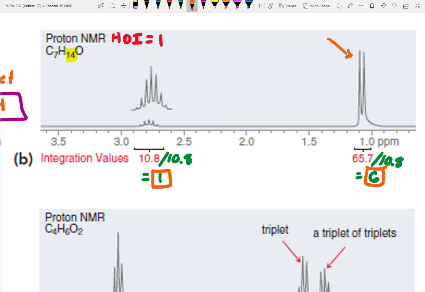Okay, so let's think about it this way. Right here, this is going to be our neighbor. And then this is going to be the proton that we're looking at. In fact, sorry, let me do it like this.